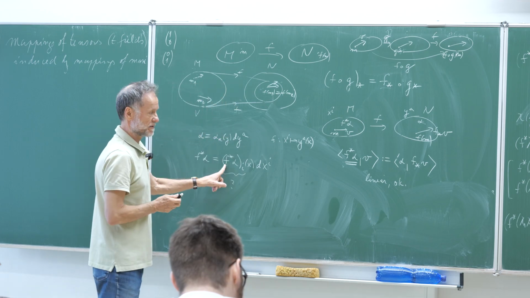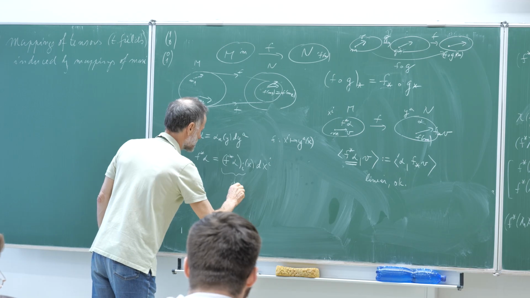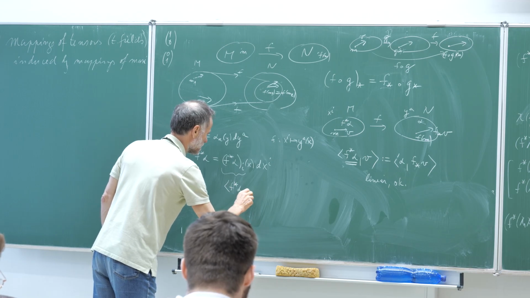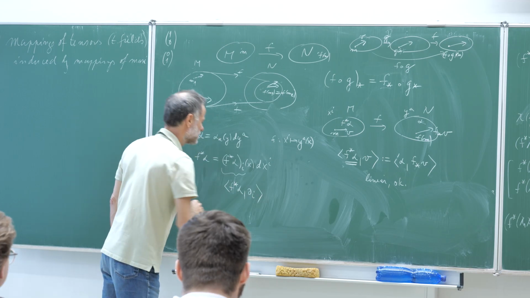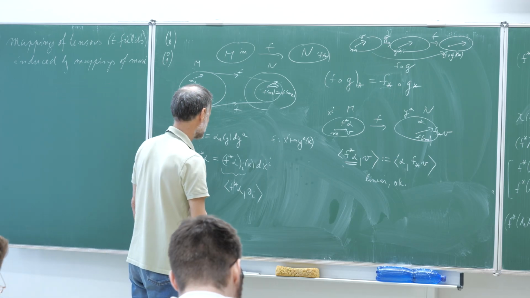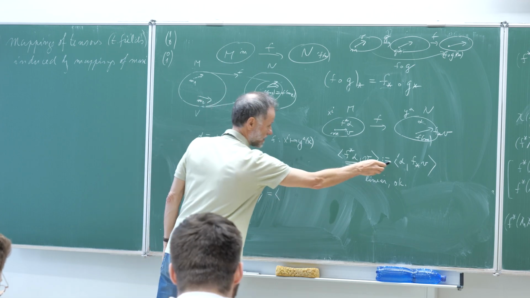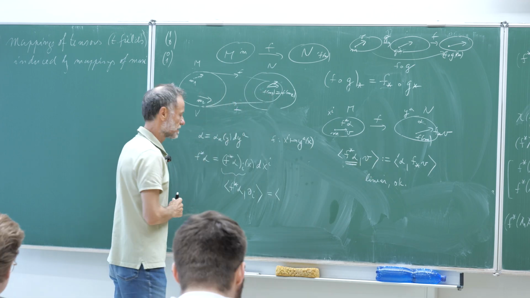So what is it by definition? It is F star alpha evaluated at a basis vector, as usual. Now what is this? By this definition, what is a pullback of alpha?